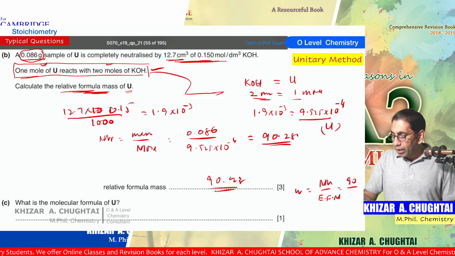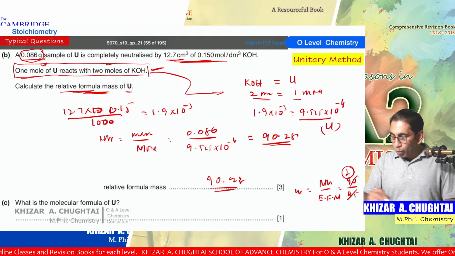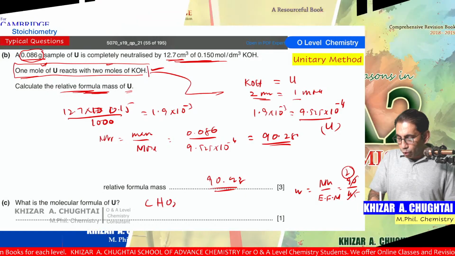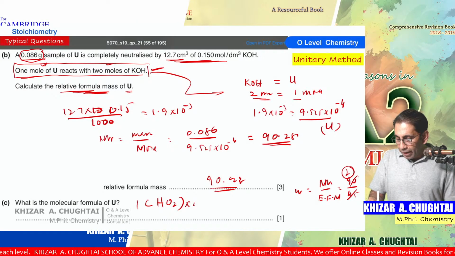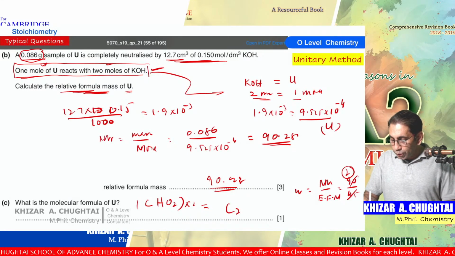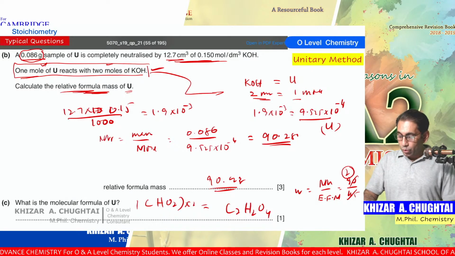Mr is 90, EFM is 45, so the answer is 2. The initial formula was CHO2, and I am going to multiply by 2. The final answer that you will report is C2H4O4.